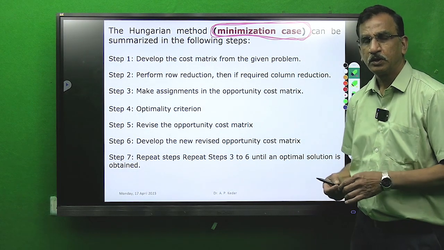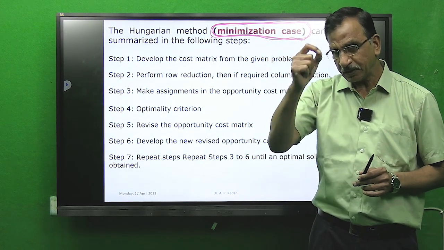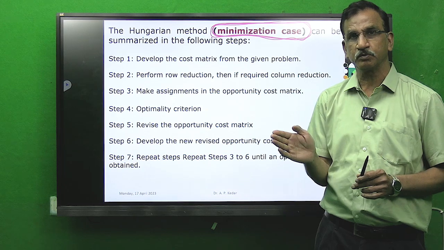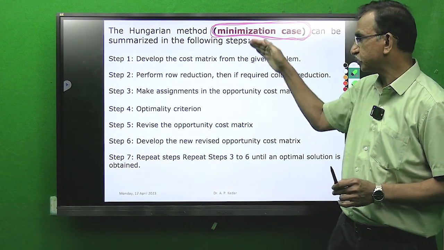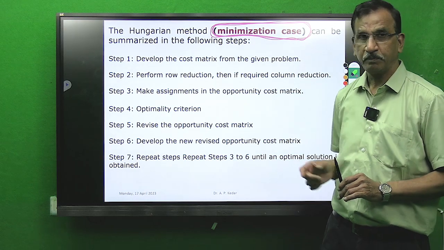If the problem demands a maximization type of objective function, in the very first step we will convert that problem into a minimization objective function, and we will follow the same steps which are written here.